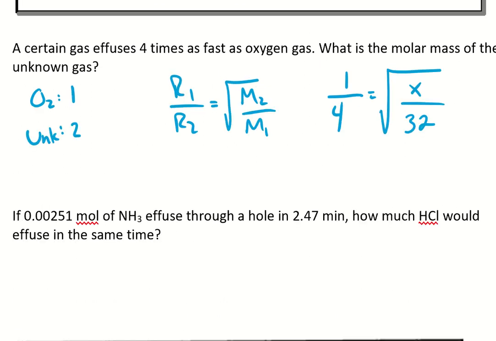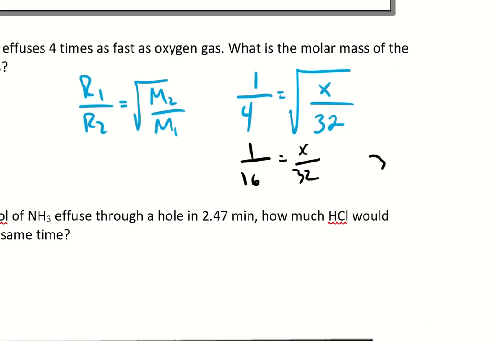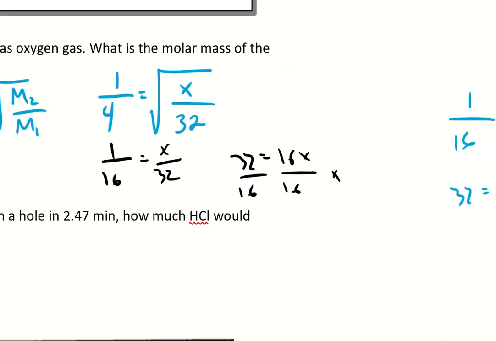To solve this, square both sides. Then cross multiply, get 32 equals 16x, and finally divide by 16 on both sides to get x being equal to 2. What gas has a molar mass of 2? Well, that's hydrogen gas.